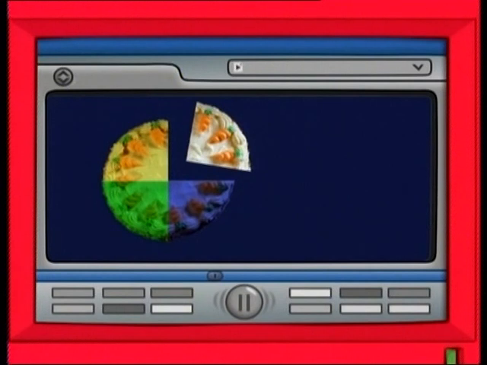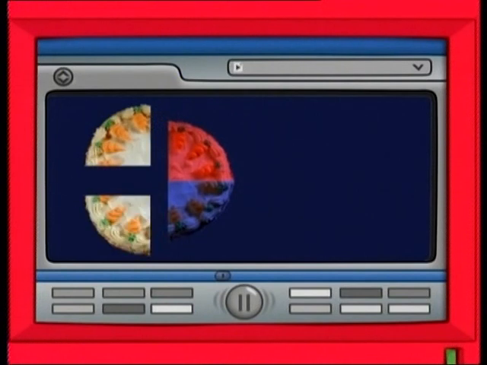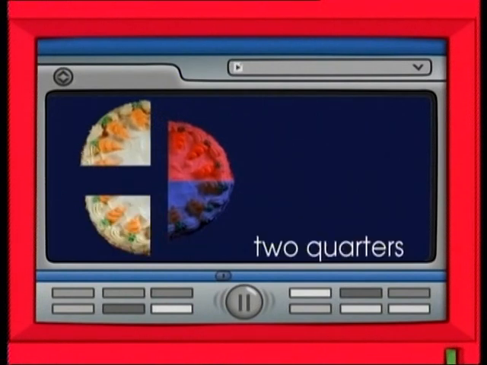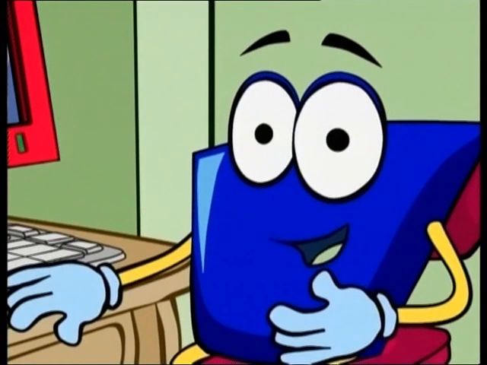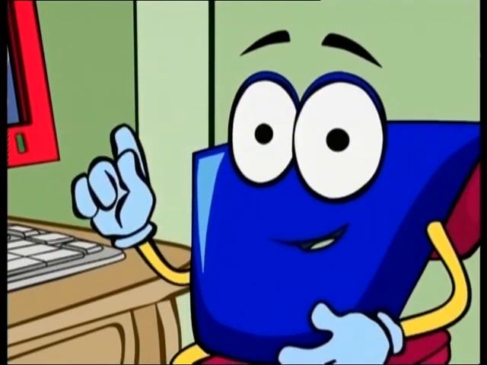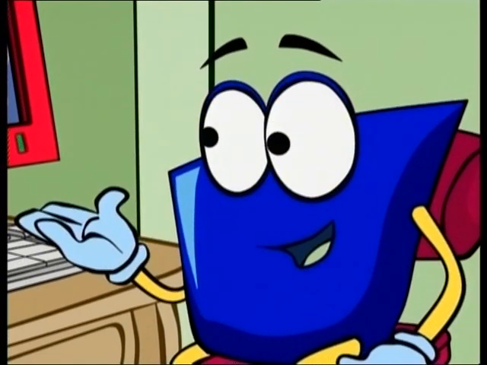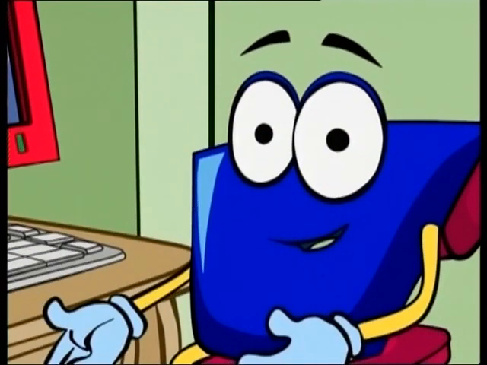If we take one of these pieces away, it means that we are taking away 1/4 of the cake. Now, let me take away 2 pieces. This means 2/4 of it is taken away from the cake. 2/4 is equal to 1/2. Here, this graphic will show you what I mean.